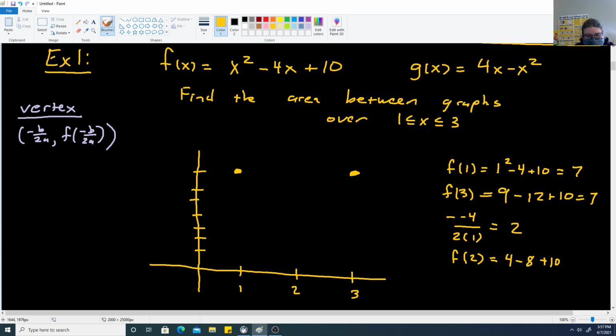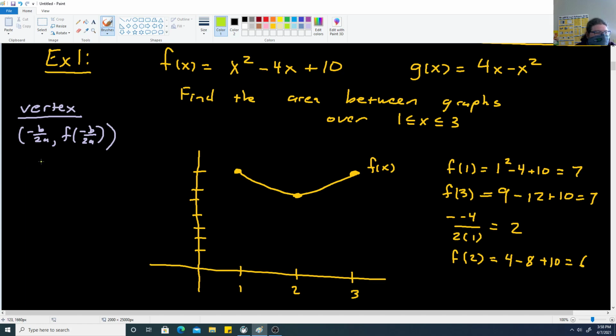So let's see here. Negative 8 plus 10 is negative 2. No, it's positive 2. 2 plus 4 is 6. So this one here is at 6. So we just have the shallow part here of our f of x graph. So we're going to repeat this to figure out the g of x graph, and then we'll generate the equations to solve these.